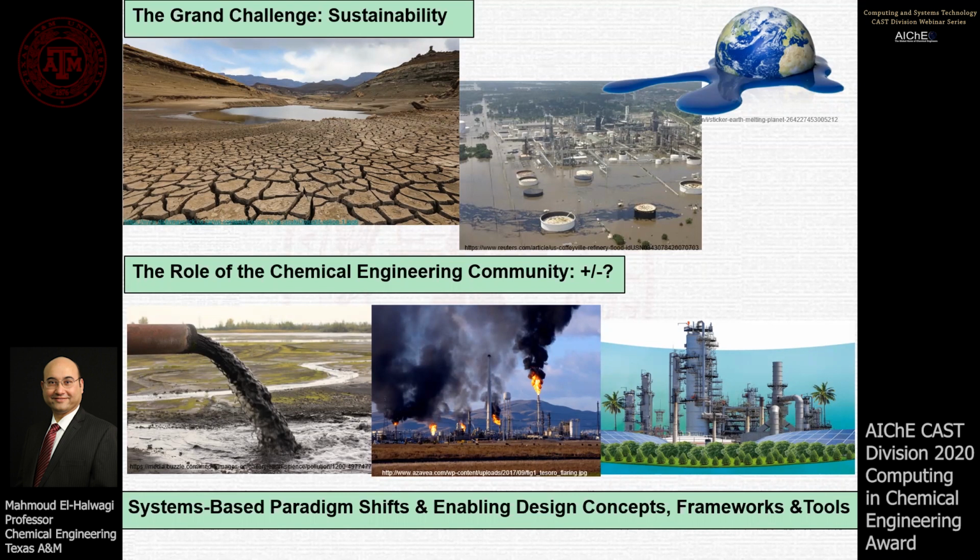So an important question to the chemical engineering community is whether we are part of the problem or part of the solution. Another important question that pertains especially to the computing and systems technology community is what is our role in addressing the problem through systems-based concepts, platforms, and tools.